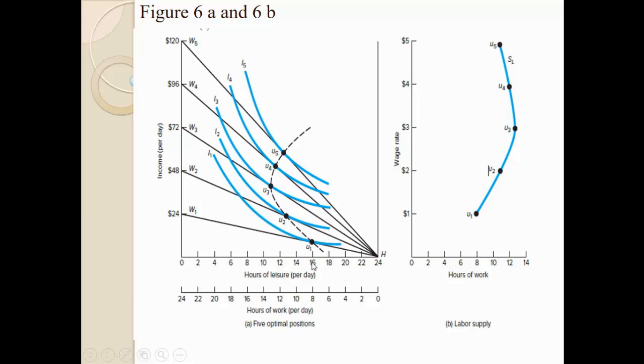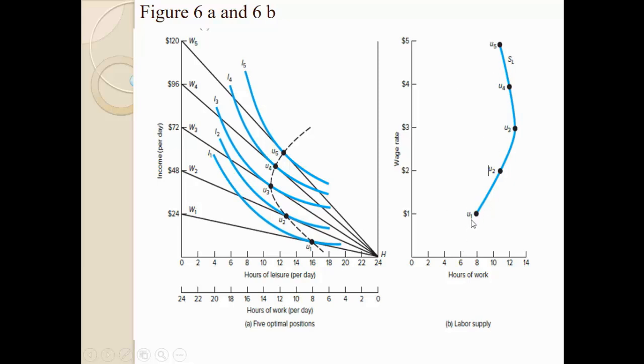So, students, by joining U1, U2, U3, U4, U5, we get this curve. If we draw this curve in terms of the wage rate and the hours of work, we get this backward bending supply curve.